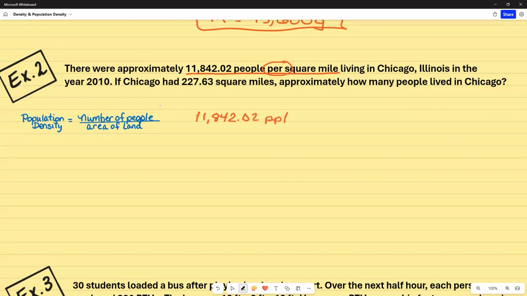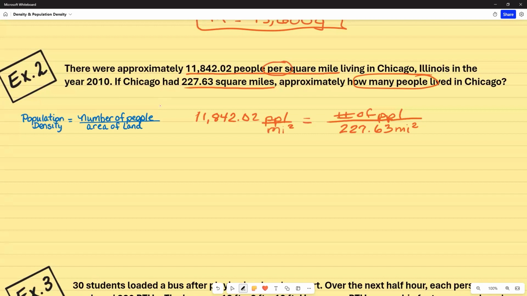We see that we can go ahead on the left-hand side, type right in 11,842.02 people per square miles. And then what we're going to do is set that equal to, we see that we have square miles. Well, square means that's area. So that's going to be in the bottom, which means that we're trying to find the number of people, because that's what it says right here. So now looking at our formula, in order to get the variable on the numerator alone, we would have to multiply both sides by this 227.63 square miles.